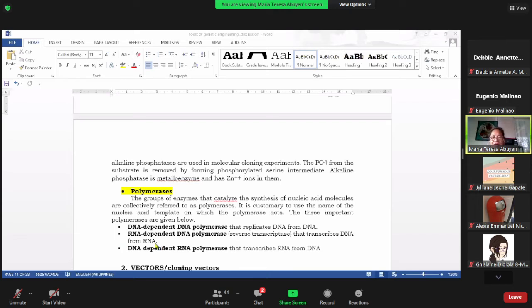Now, RNA is single-stranded, right? Diba? Yeah. So, drawing na lang kita. If this is DNA, double-stranded hiya itong DNA. Itong RNA is single-stranded.